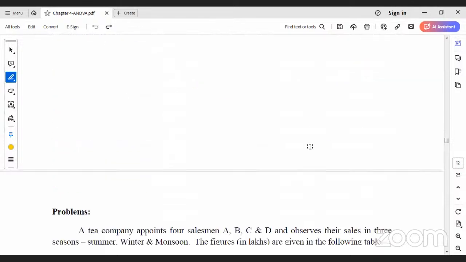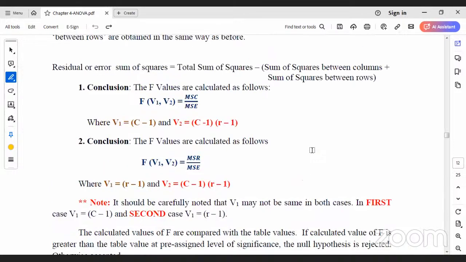And another important thing is here, sometimes, in conclusion 1 and conclusion 2, this is most important. For example, say the calculated value is 1.24 for the first conclusion, and for the second conclusion also, for example, I am writing here, not the exact value, 0.77.